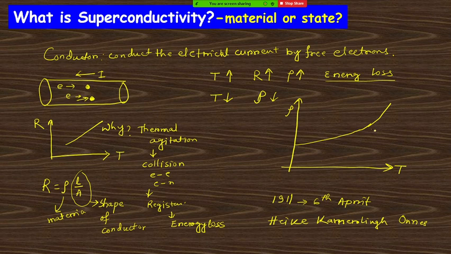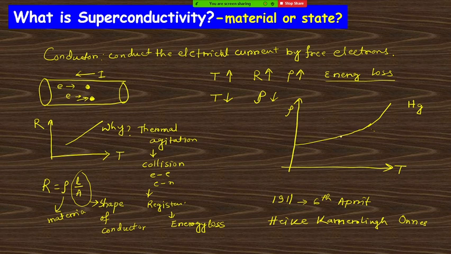They studied with mercury, a metal, a conducting material, as you know. He observed that at a certain temperature, and below it, the resistivity does not lower gradually.